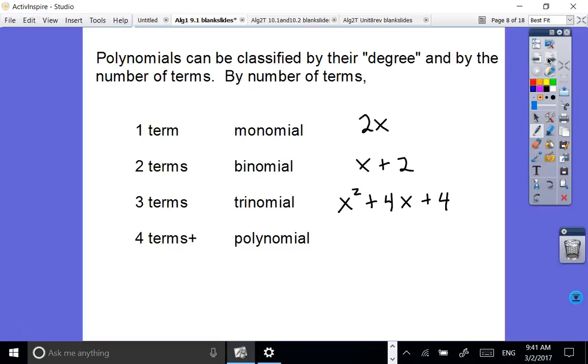So what would you expect it to be when you have 3 terms? Trinomial. Once it gets to 4 terms or more, you just say polynomial. They're all polynomials, but if you're classifying 1, 2 or 3 terms, you use the words monomial, binomial, trinomial.